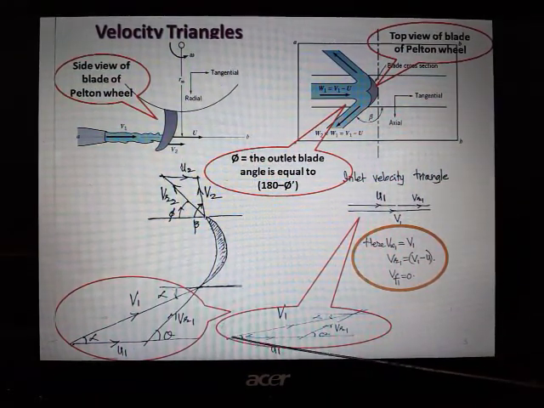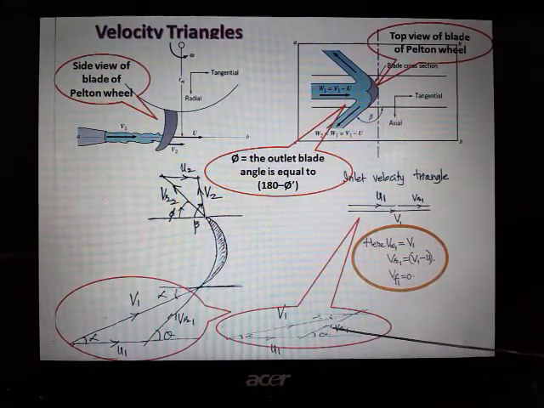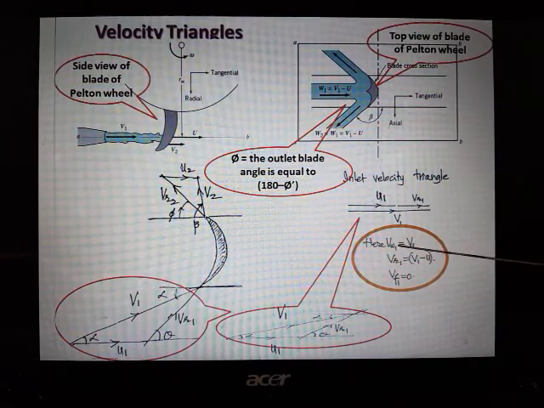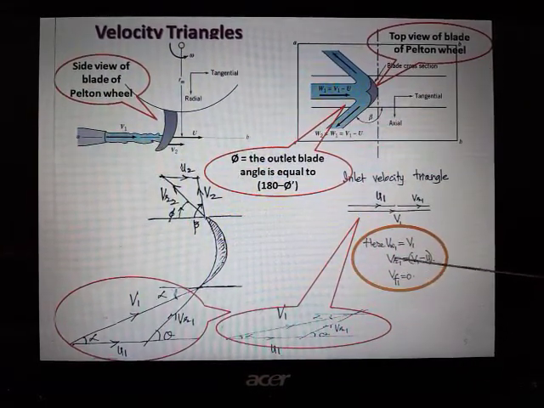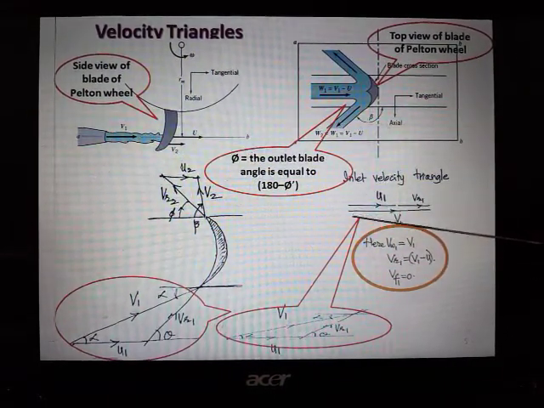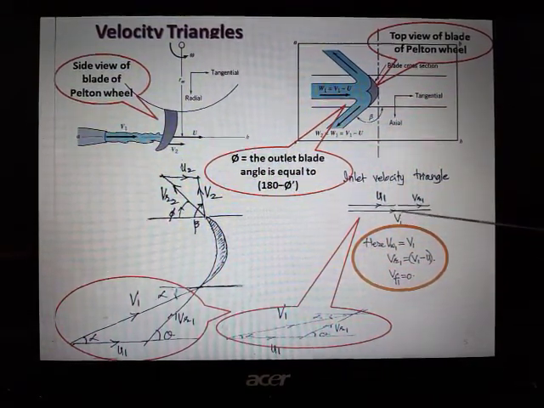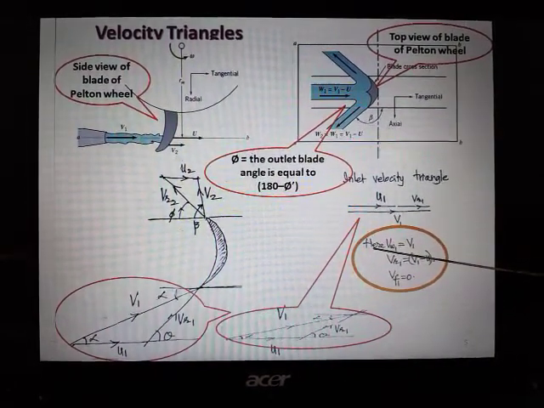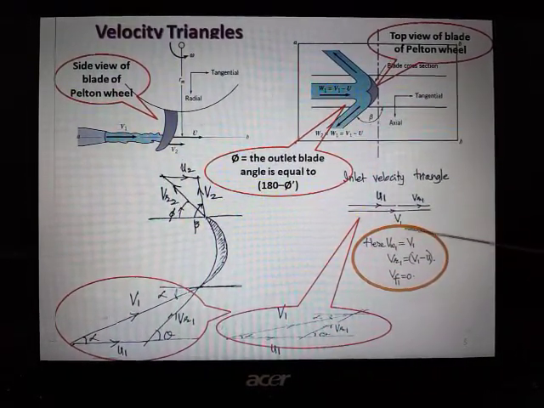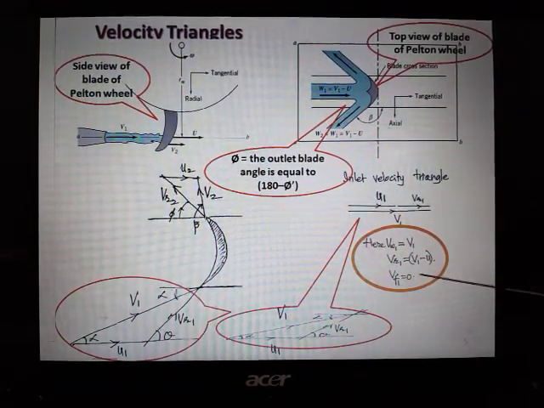So to say, v1 will be simply the sum of u1 and vr1. So you can just see here, v1 will be equal to u plus vr, right? Now if you remember, the component of jet velocity in the direction of u is known as velocity of whirl. So here vw1 will be the full value of v1, and then vf, that is velocity of flow, will be 0.